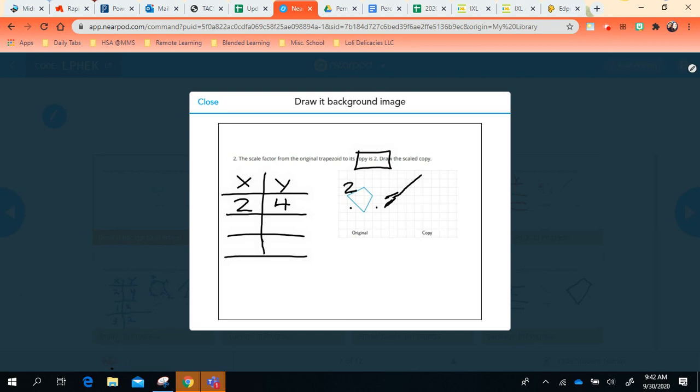Because I can't count. A scale factor of 2 would be 2 times bigger. Okay, so we draw what that side is. Write it in your chart.